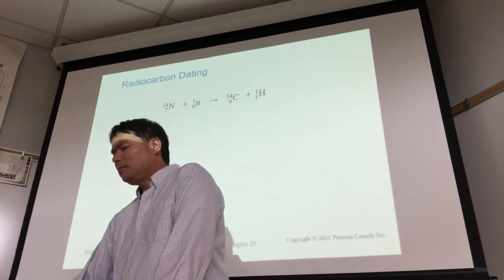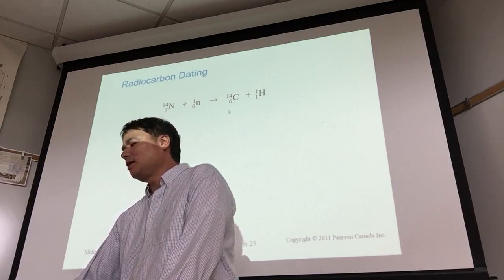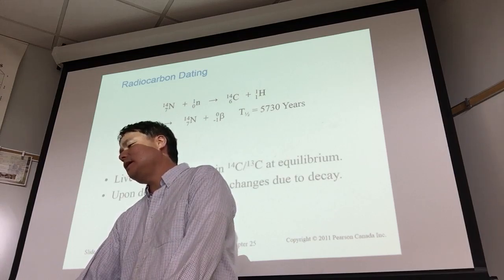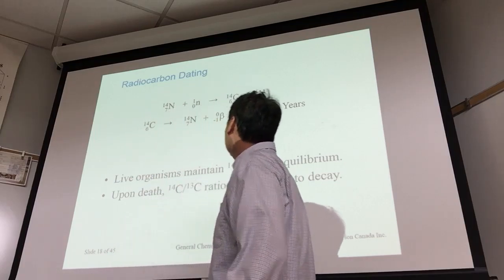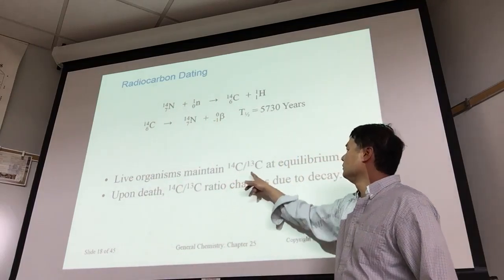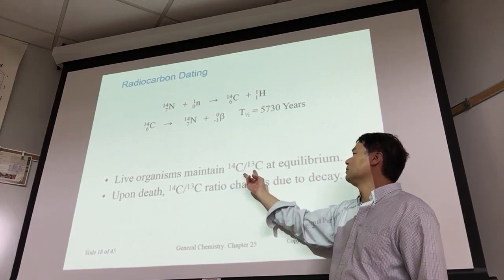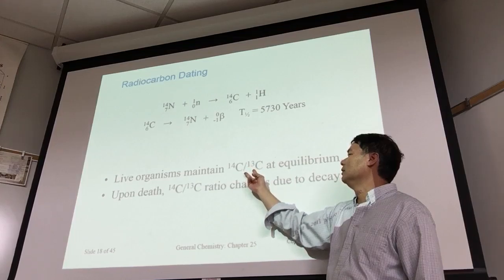All right, one of the big applications of kinetics in nuclear chemistry is radioactive dating. We just need the daughter-parent ratio, or isotope ratios. In this case, it's the carbon-14 to carbon-13 ratio.